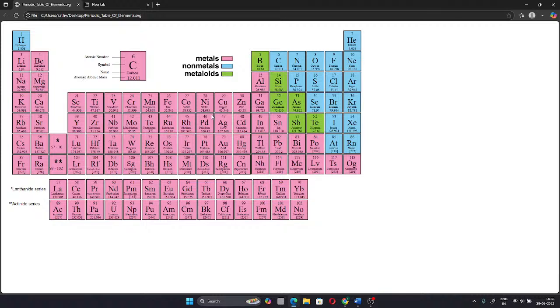The boron group contains boron, aluminium, gallium, indium, thallium, and nihonium. It is not completely non-metals. It has metalloids and metals.